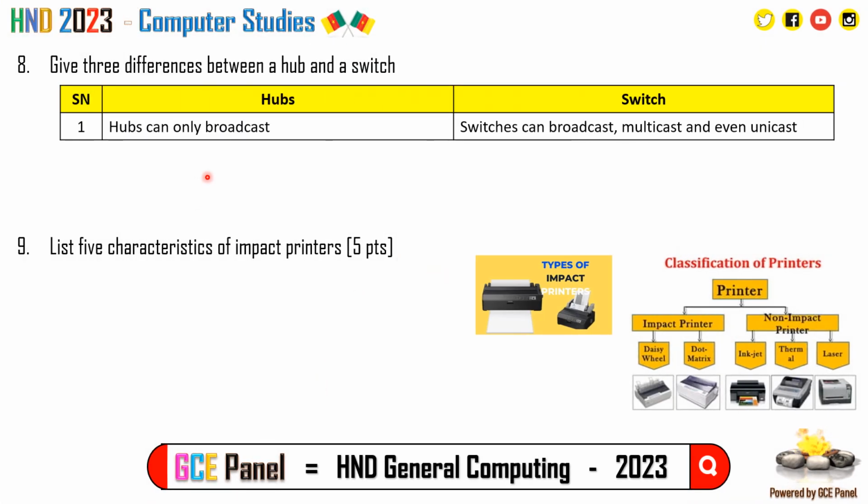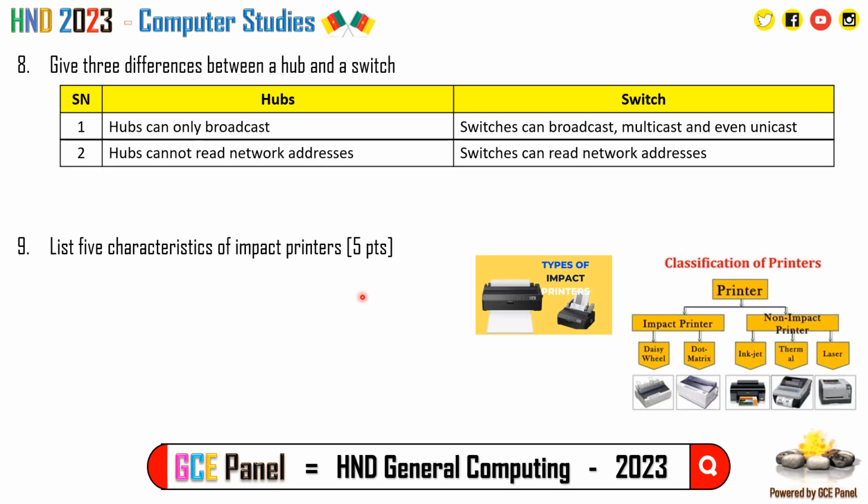So, the first one, hops can only broadcast. Switches can broadcast, multicast, and even unicast. Next, hops cannot read network addresses, but switches can read network addresses.